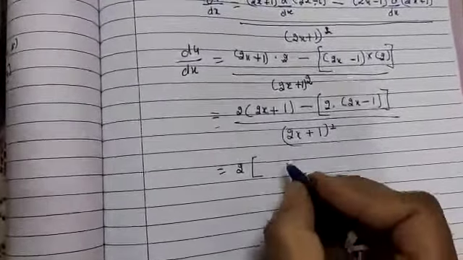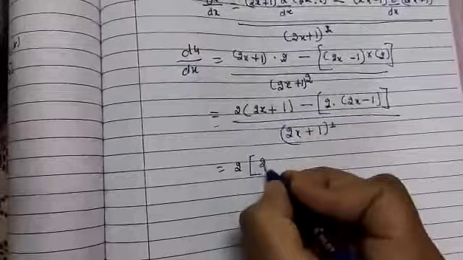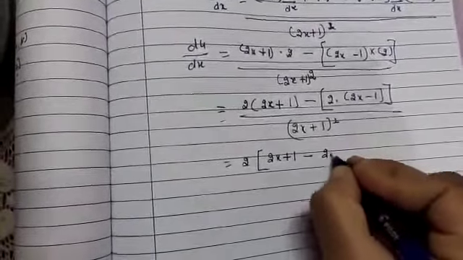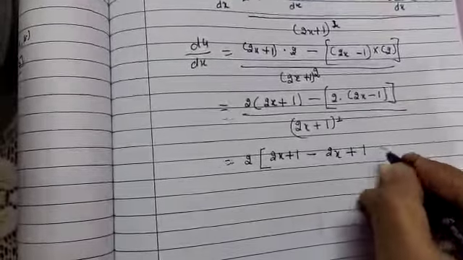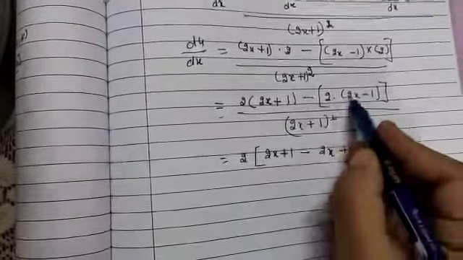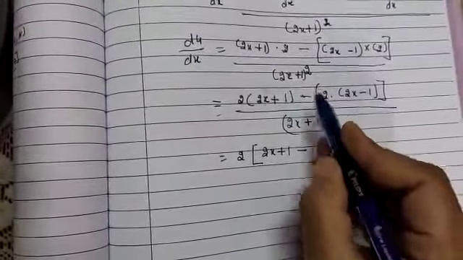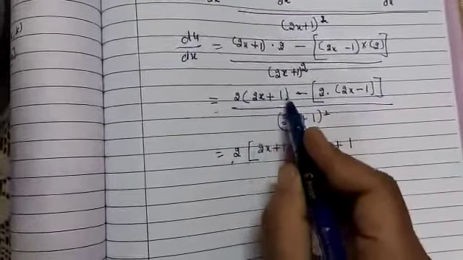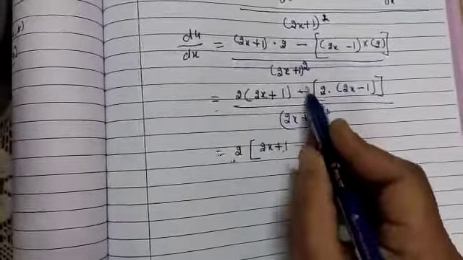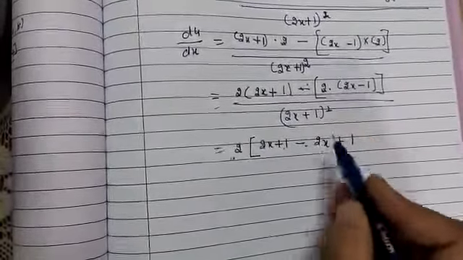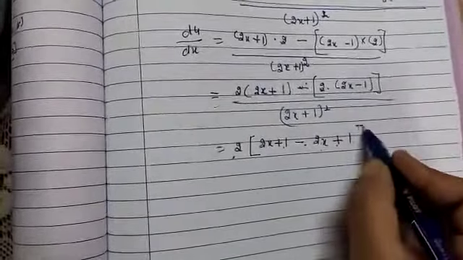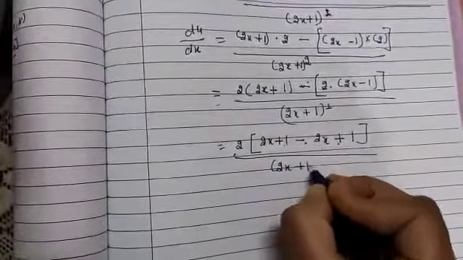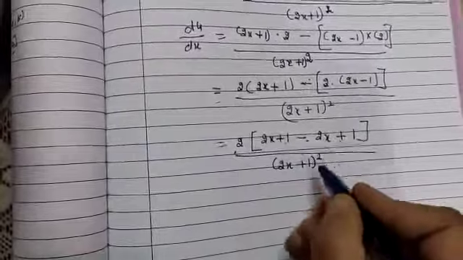Now 2x plus 1 minus 2x minus minus plus. Here I am taking 2 and 2 as common: 2x plus 1 minus, this minus is here, 2x minus minus is plus, bracket close, over 2x plus 1 whole square.